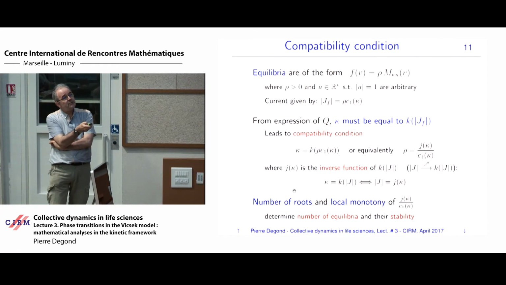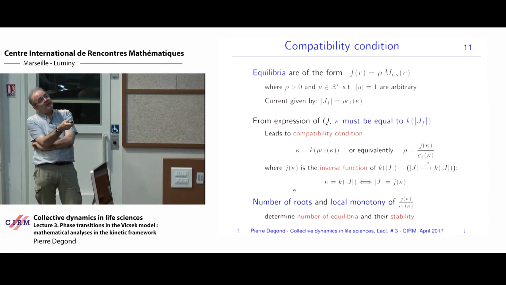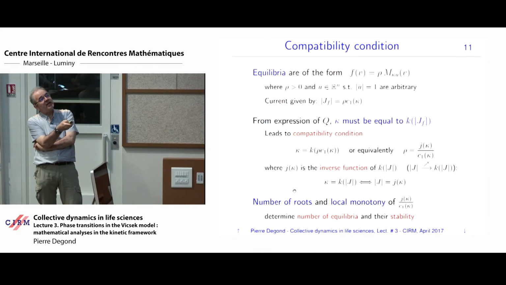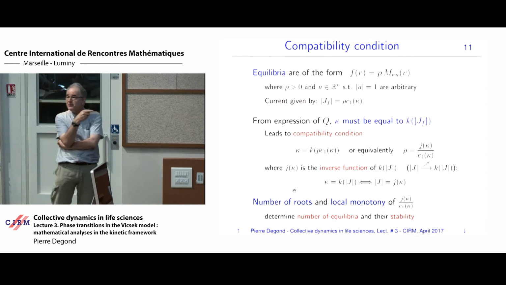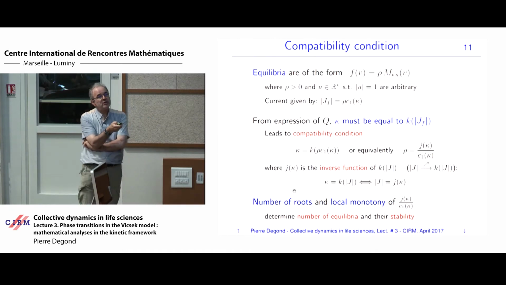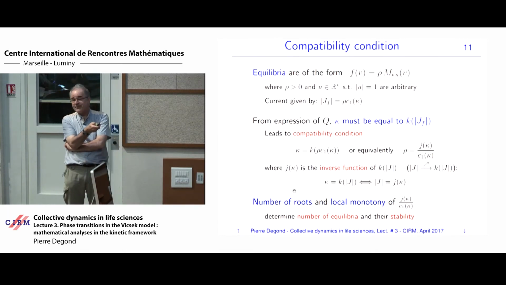So I have to be sure that my concentration parameter, kappa, is this function k, which I have in my model here, as a function of J, which is rho C1 of kappa. So you see, this consistency relation, which was trivial before, now leads me to a fixed point equation for the determination of kappa.